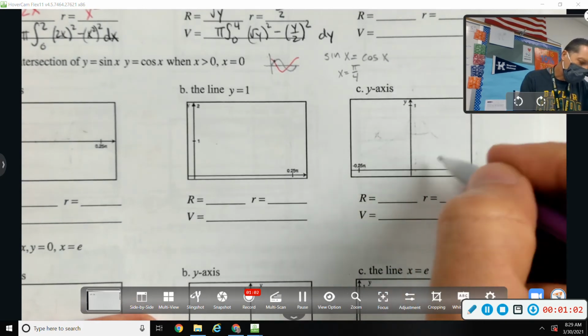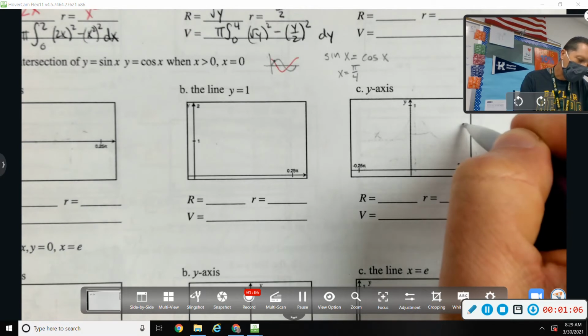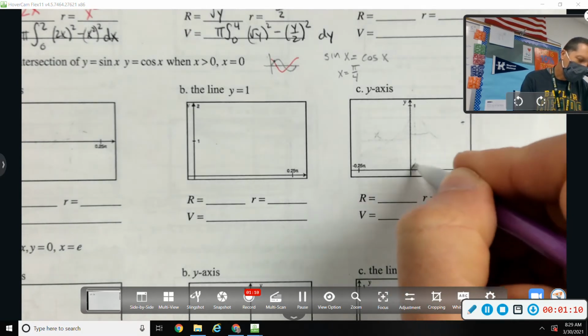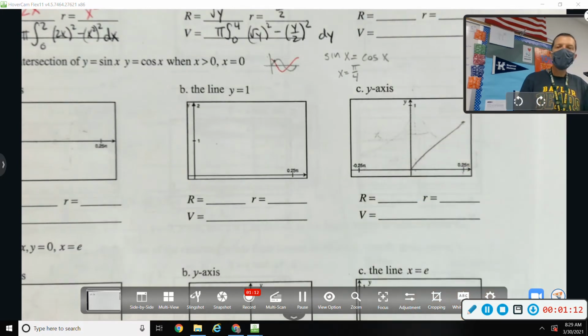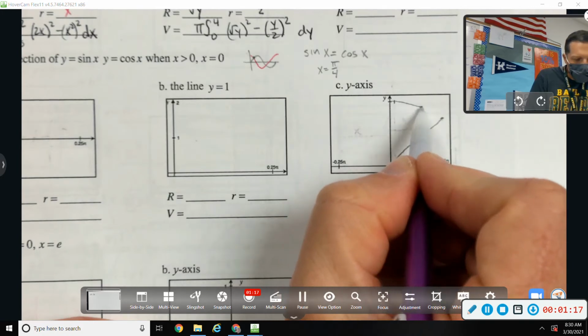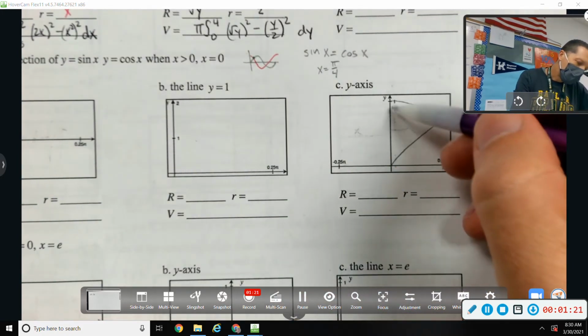So the sine curve starts at 0 and goes up to root 2 over 2, which is like 0.7 or so. So there's the sine curve. Cosine starts at 1 and goes down. So there's the cosine curve.